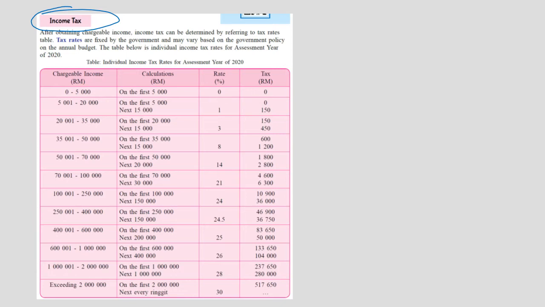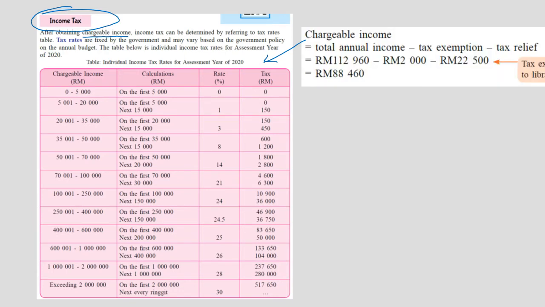After obtaining your chargeable income, income tax can be determined by referring to the tax rates table. So this is the tax rate table. How to refer? This is the chargeable income, 88,460, right? So you refer to this amount.